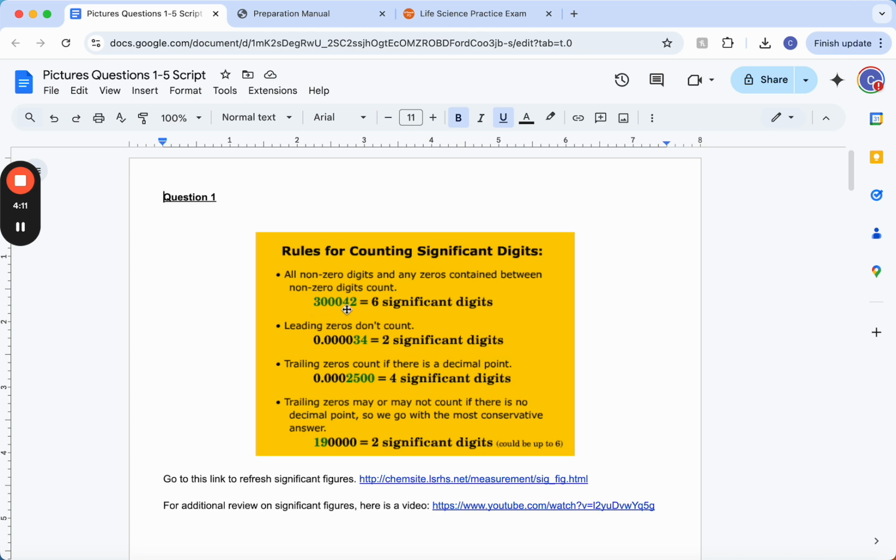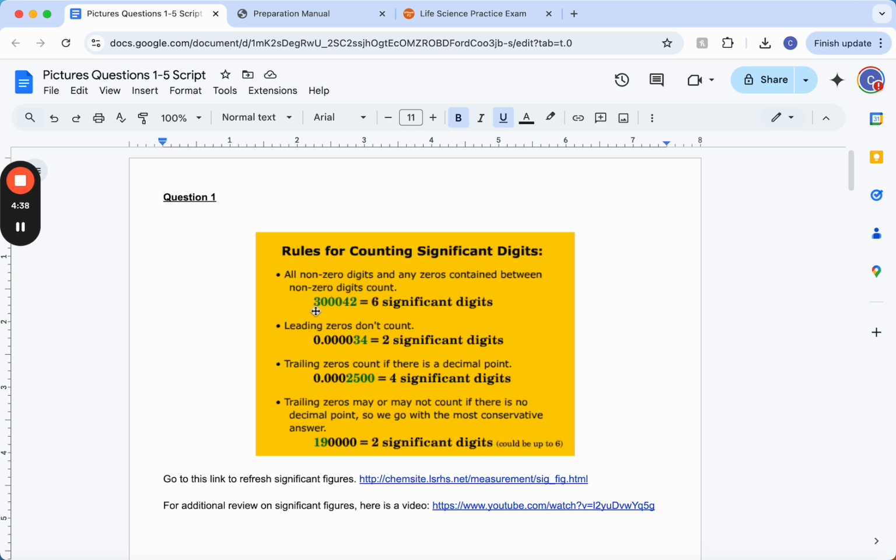The 4 is a non-zero number, and the 2 is a non-zero number. So that's 3 significant digits right off the bat. And it says here, and zeros between non-zero numbers. So all those zeros between the 3 and the 4 here are going to be considered significant. So in this case, every single number is significant.